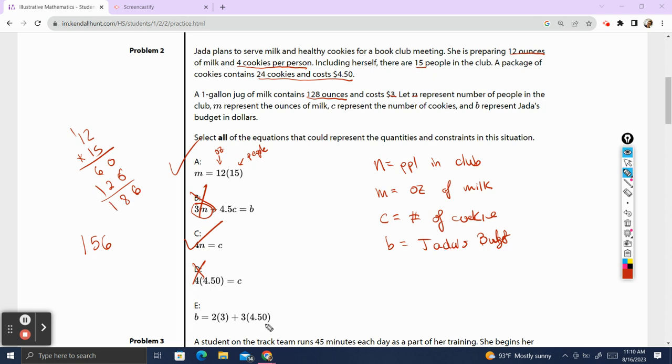Plus 3 times 4.50 means she got 3 packets of cookies, which would be 24 times 3, which in this case is going to be 72, and 4 cookies per person, so she'll need 4 times 15, which is 60 cookies. So it's enough cookies, but it doesn't seem to be enough milk in this situation. So it's possible that she brought 2 gallons of milk and 3 containers of cookies. So I would say that this makes sense, even though we don't quite end up with enough milk.